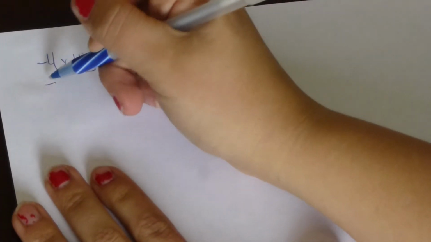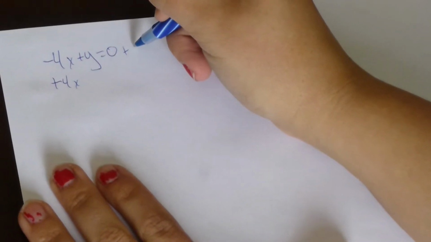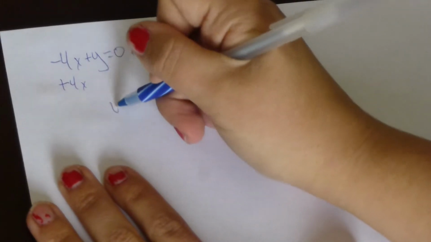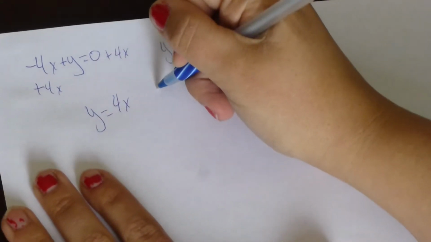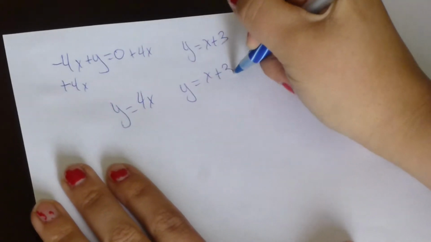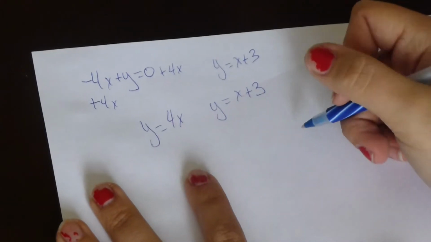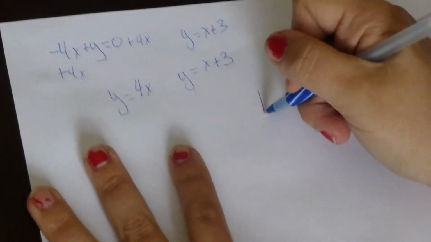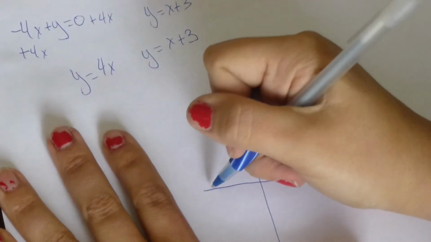We'll add 4x to both sides. So now we have y equals 4x, and y still equals x plus 3. Now, we'll graph them, and get a graph paper.